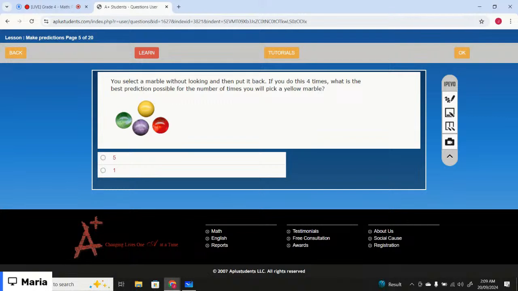You select a marble without looking and then put it back. If you do that 4 times, what is the best prediction possible for the number of times you will pick a yellow marble?